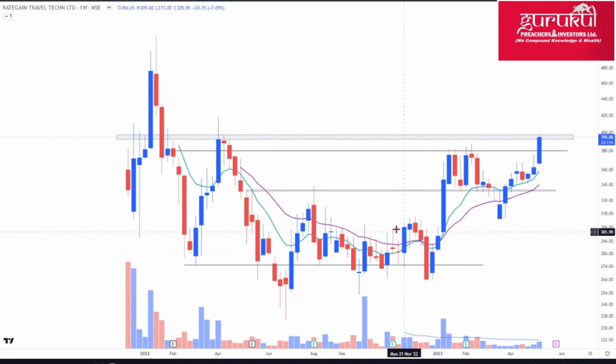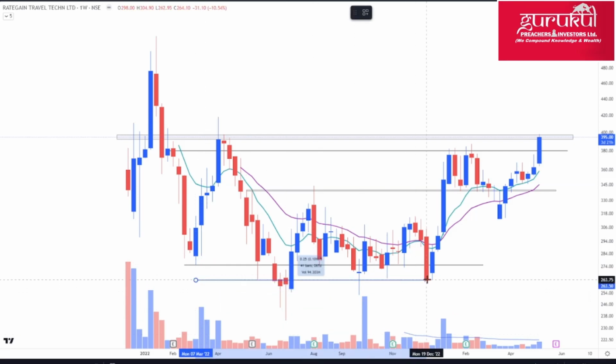So now thereafter, this is the first candle which broke out one of the major resistance levels which was previously formed. So here you see that this is approximately 42 weeks, rather it is 43 weeks, right?